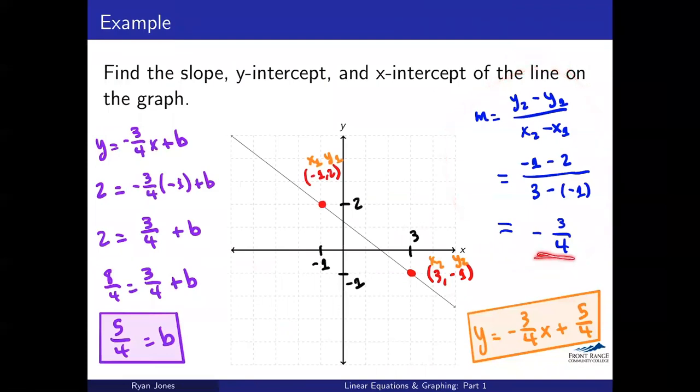We had this point that was (-1, 2), and at this point, we could just look at our rise over our run, and say, hey, look, I go 1, 2, 3 down, and I go 1, 2, 3, 4 across to the right, that's going to give me a slope of -3/4. If that's tough to see by making this triangle, you could do the calculation like we did before. We did that all right here. We found our slope of -3/4.